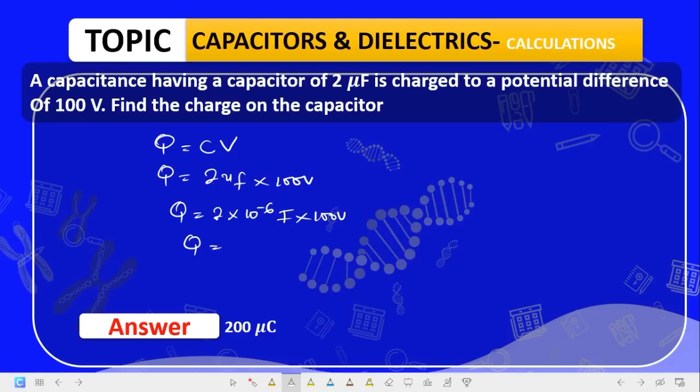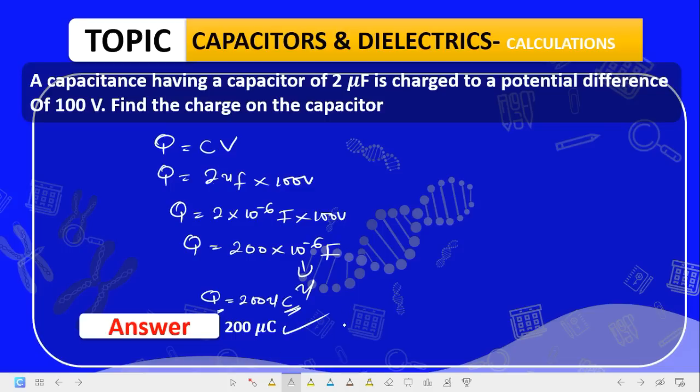Q will be 2 times 100, which is 200 times 10 raised to the power of minus 6 coulomb. Minus 6 means micro. So your Q is 200 microcoulomb.